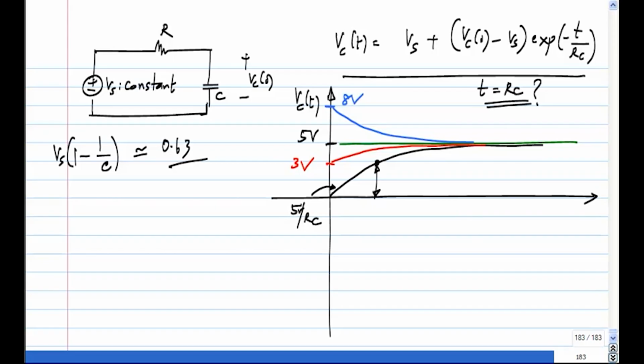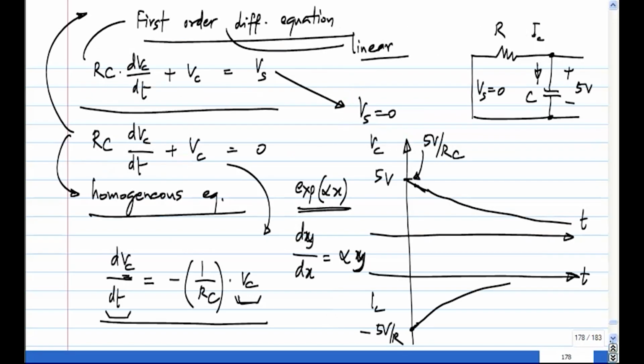In fact it's more obvious from the other case. In this case, what happens in one time constant? What will be this value? 5 by e, 5 by the natural exponent, which is about 37% of the initial value.